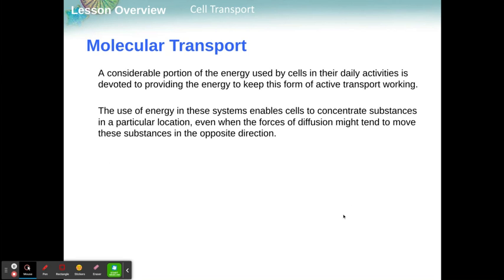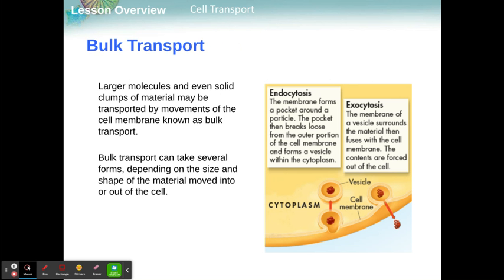So a considerable portion of the energy used by cells is used to keep active transport working. And the use of energy in these systems enables cells to keep substances inside the cell so that they can use them for other processes later on. So to go back to these larger molecules, bulk transport can take several forms, bringing stuff into and out of the cell.